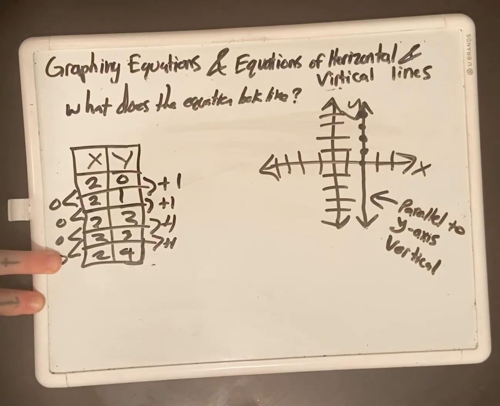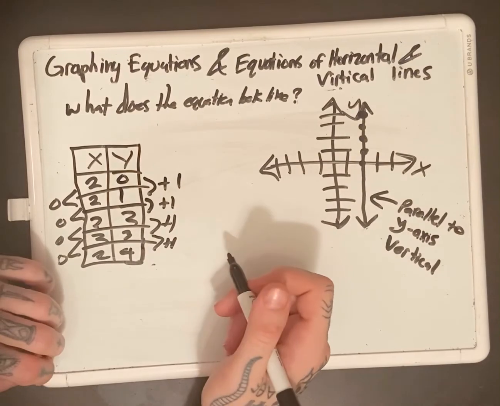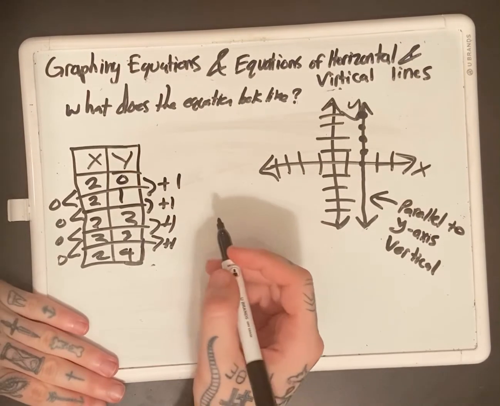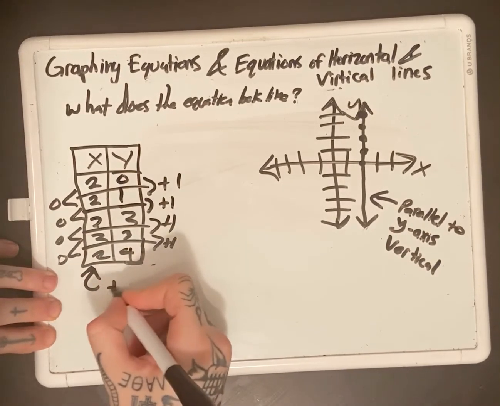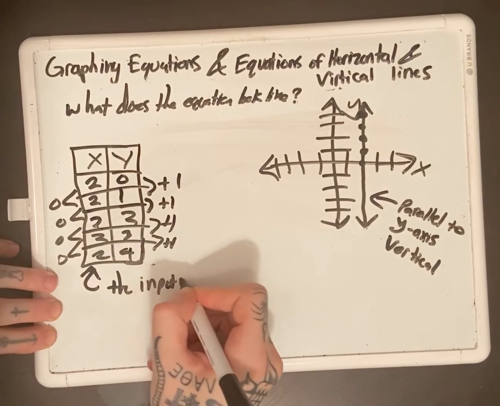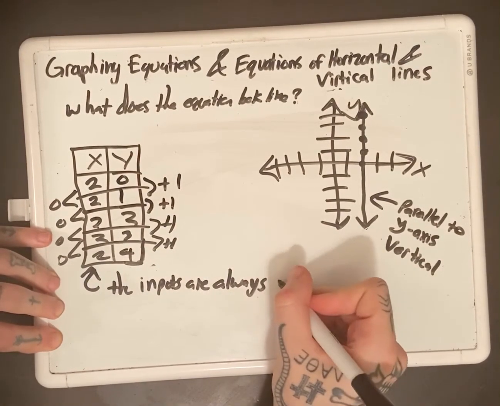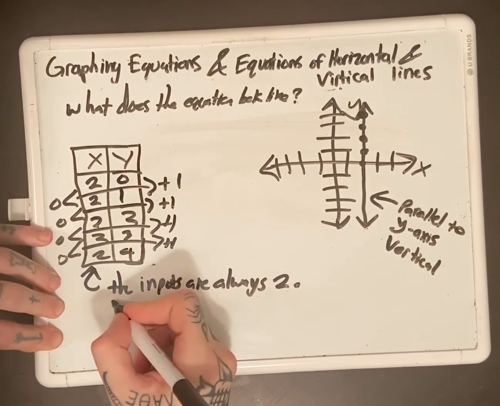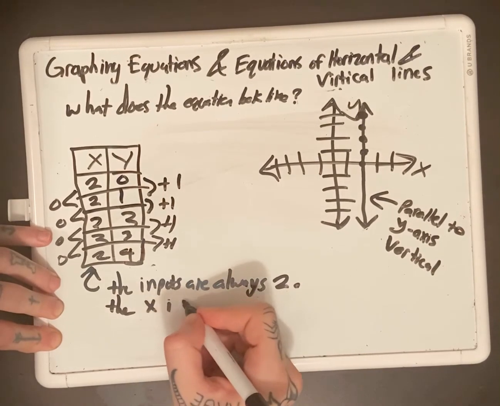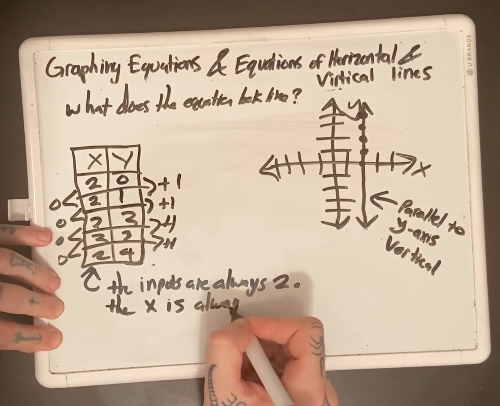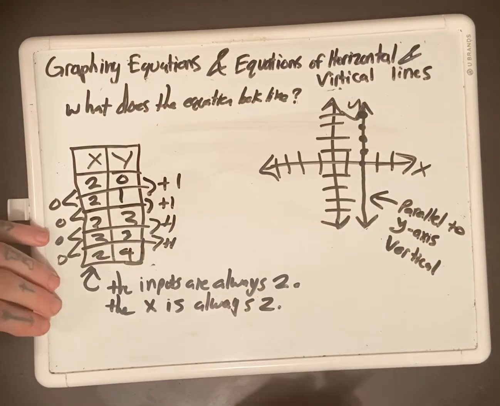Know that that's what the slope is, but don't pay too much attention to it. But what do we notice about the x's? The inputs are always 2, or the x is always 2. Okay? The x is always 2.